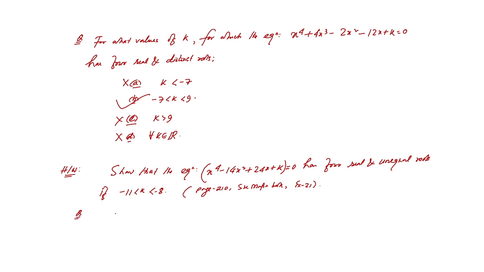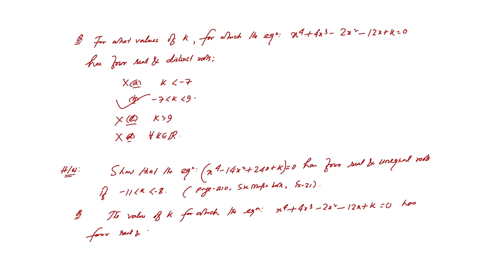Now, based on this, the MCQ may be: the values of k for which the equation x to the power 4 plus 4x cube minus 2x square minus 12x plus k equals 0 has 4 real and unequal roots is option A, k is less than minus 11; option B, minus 11 less than k less than minus 8; option C, minus 11 less than k less than 8; and option D, k is greater than minus 8.